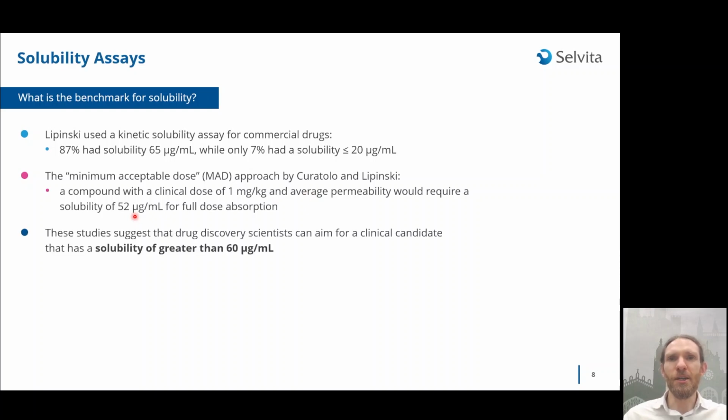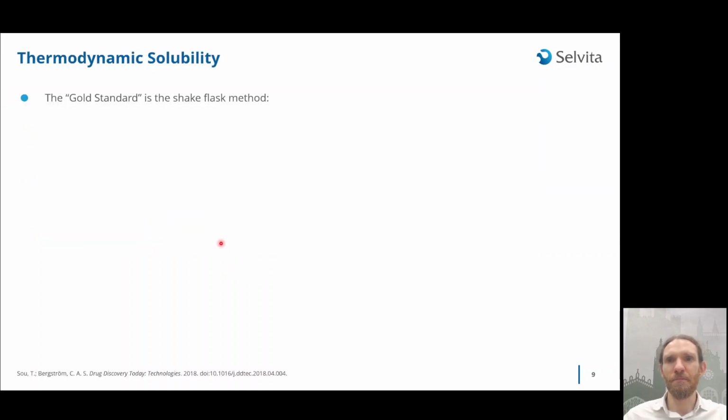So all this suggests that drug discovery scientists should aim for a compound solubility of greater than 60 micrograms per milliliter. Now let's move on. With this knowledge, let's move on to solubility assays themselves.